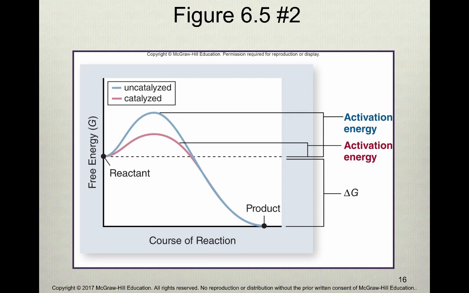You can see that when activation energy is lowered because we have a catalyzed reaction in that pink line, that catalyzed reaction can proceed more quickly because it will not take as much energy to get past that. And once it gets past the crest of that activation energy hill, it will just proceed in an exergonic fashion.